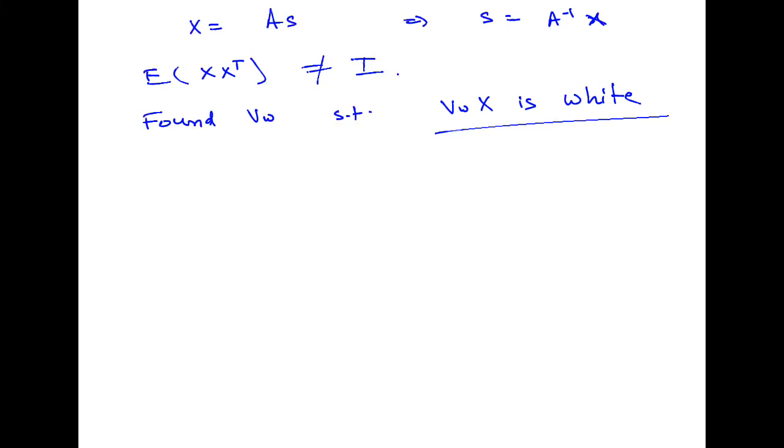So typically when we do ICA, as a first step we do the normalization, and the second step we do the whitening. So we multiply X with this matrix so that it becomes white. And this is called the whitening step.